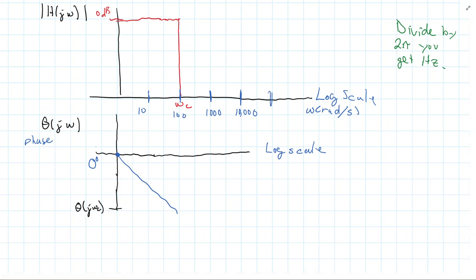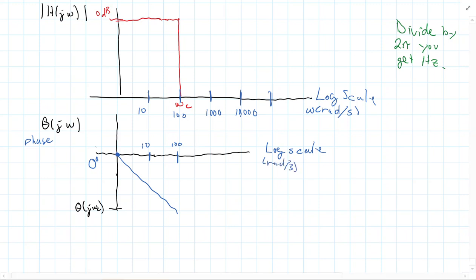When we do design, we often will be looking at hertz because a lot of times that's where the specifications come in. They come in hertz, but we can convert hertz to radians per second pretty easily as well. And of course, as a side note, the same would be true for the phase. This is 10, this is 100, these are radians per second.